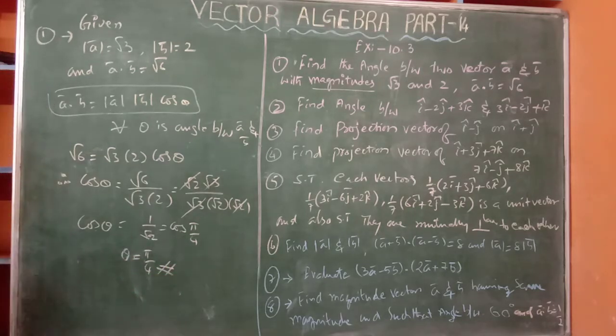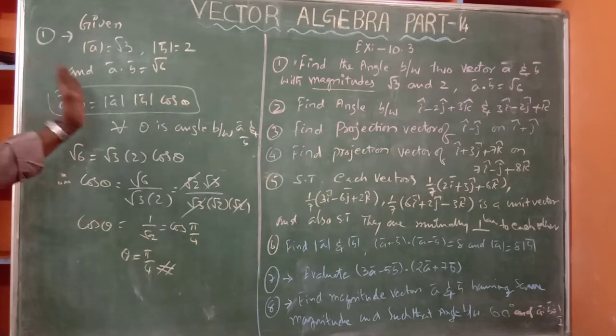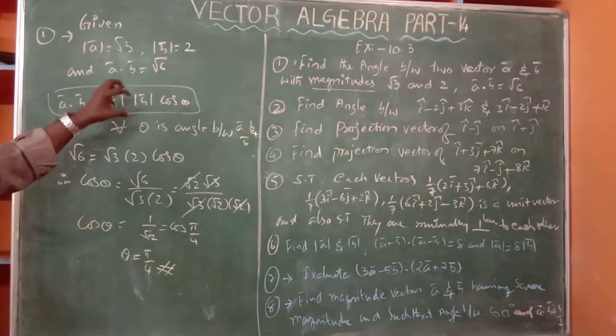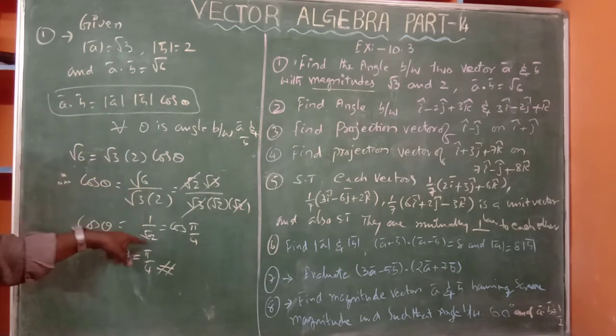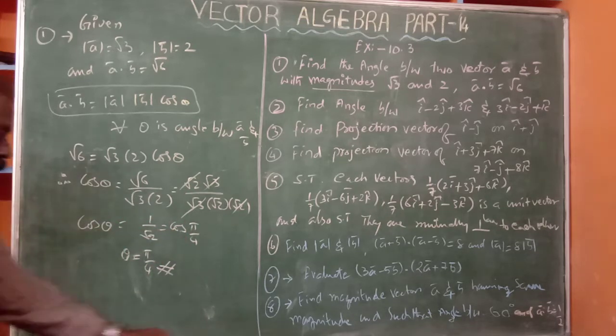Here we are using the definition, that is the fundamental formula of dot product. Dot product is root 6, the magnitudes are root 3 and 2. We substitute and find cos theta as 1 by root 2. 1 by root 2 means cos pi by 4. Cos cancels, theta is equal to pi by 4. Very simple.